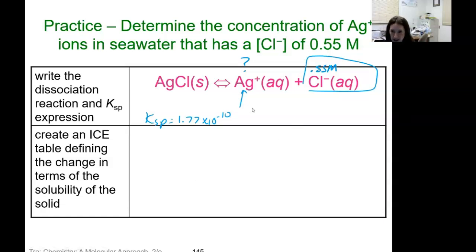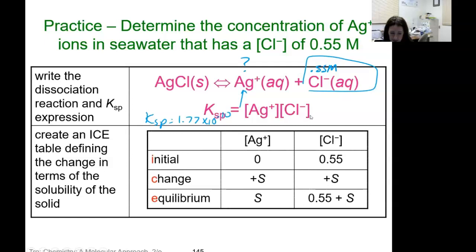So we just make our ice table, just like we did before. And again, we're going to assume this is small. So then we're going to have our plus S, plus S. We're starting with this amount.